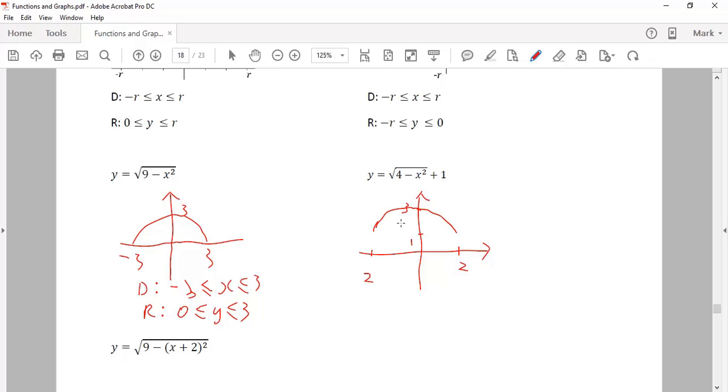So yeah, there's our semicircle there. So domain is between negative 2 and 2. And the range will be between 1 and 3.